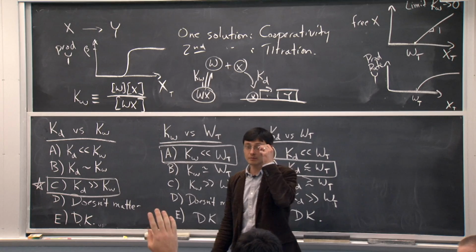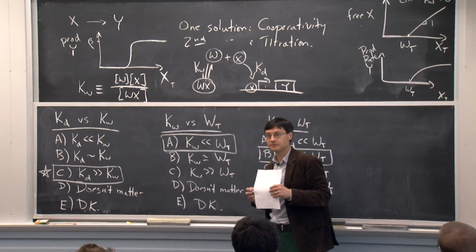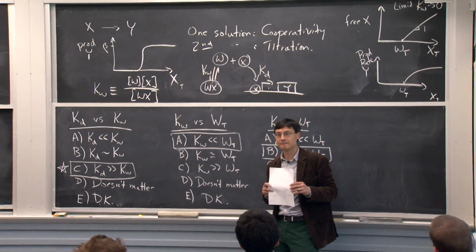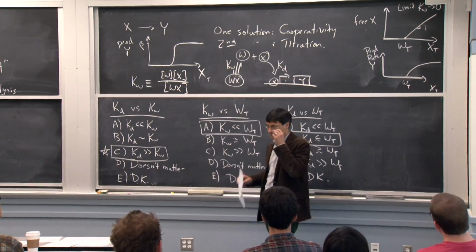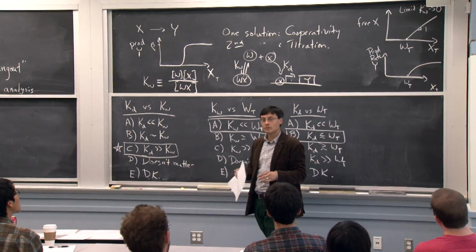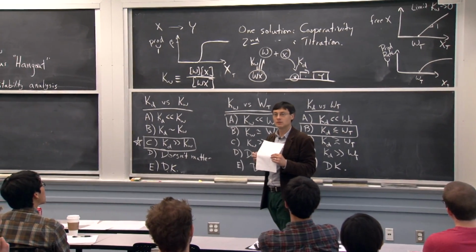Well, if you don't have a lot of W, then your binding is too sensitive in a way. Like you'll add a little bit of X, and then the binding will all be used up, and you'll be making Y immediately. Yes. You want a lot of W to be able to soak up a sizable amount. Right.